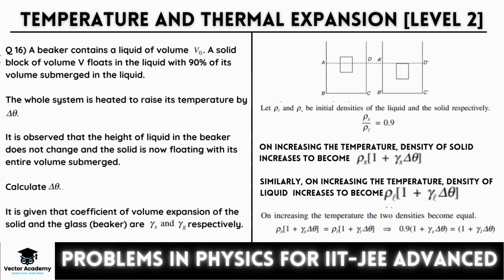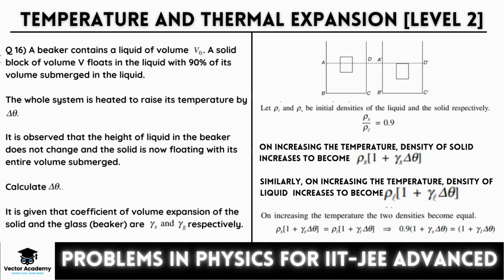Let ρL and ρS be the initial densities of the liquid and the solid respectively. Since the solid is floating with 90% of its volume submerged inside the liquid, the density of solid is less than the density of liquid, and the ratio of density of solid to density of liquid is 0.9.